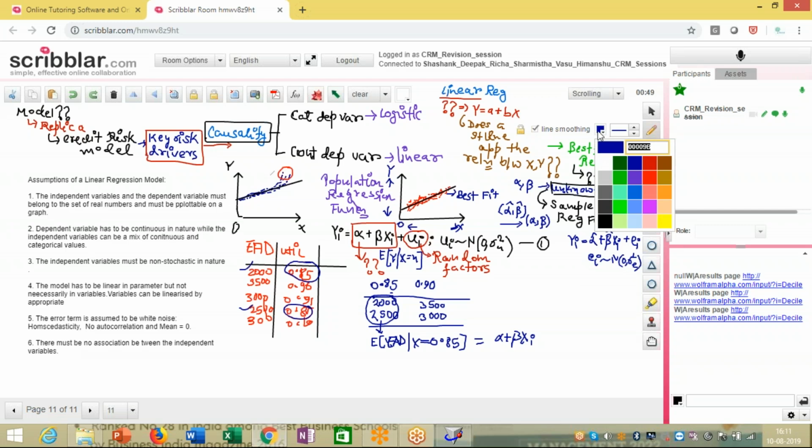So the observed value of yi is nothing but the sum of the predicted value yi hat and the error component ei. It is the sum of these two things which gives us the observed value.